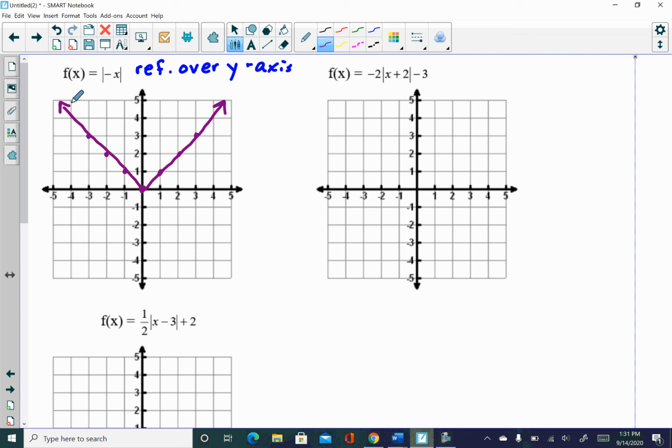So 0, 0 is still going to stay where it's at, but 1, 1 is just going to become -1, 1, and -1, 1 is going to become this point. So I'm going to have the exact same graph here as I did with the original f of x, okay?